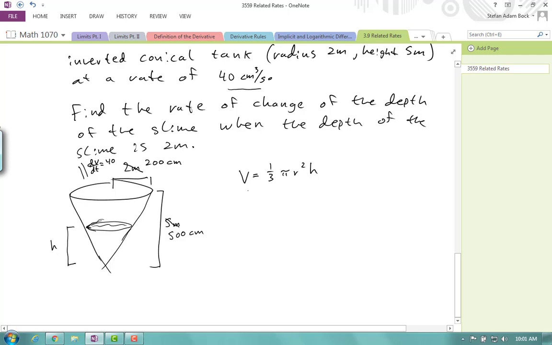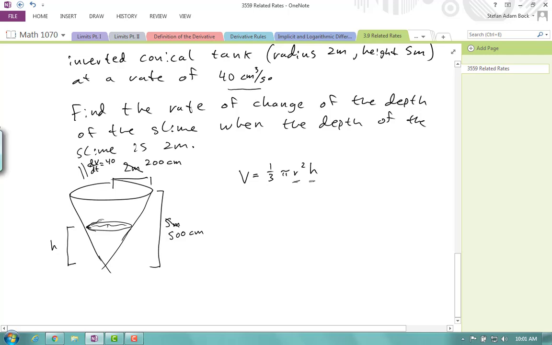But wisdom of the ages, since I have a cone problem here, I'm going to want to eliminate one of these 2 variables if I can. I want to do this for all of the problems, eliminate as many variables as I can, but sometimes I just can't. And the idea here is the pink slime cone down here is similar to the big cone that makes up the tank. It's just smaller.